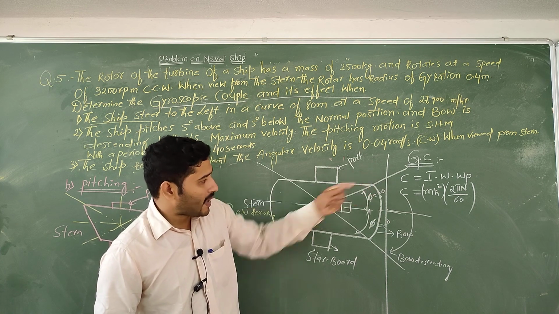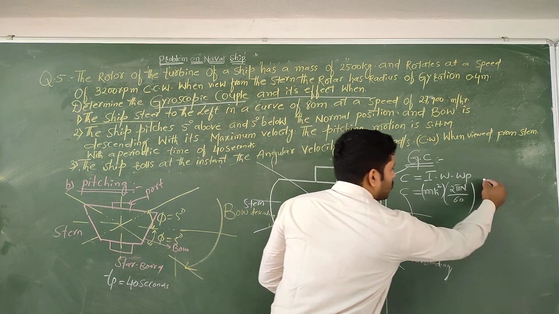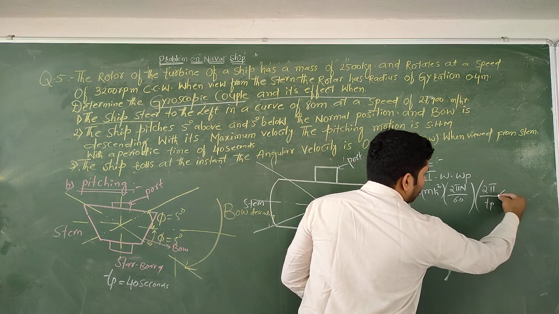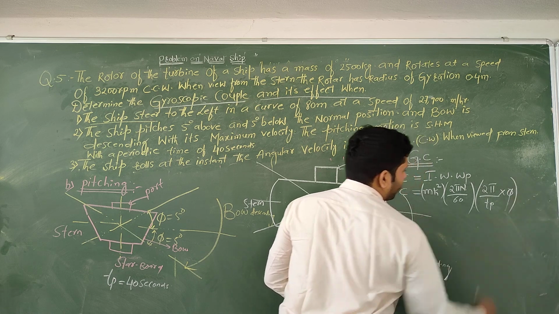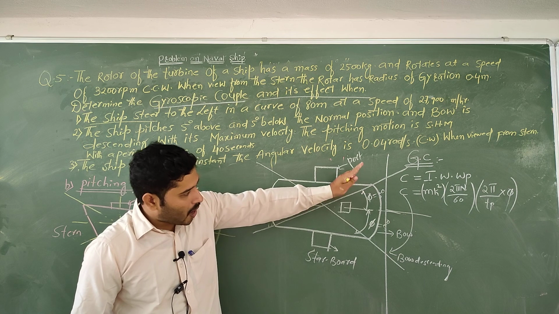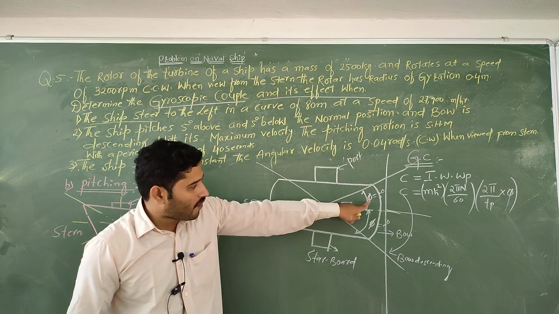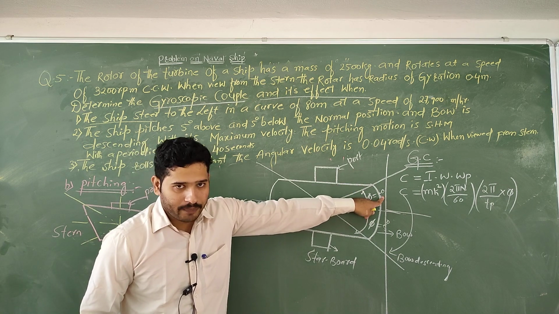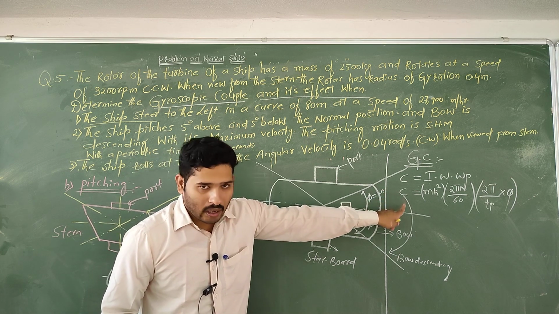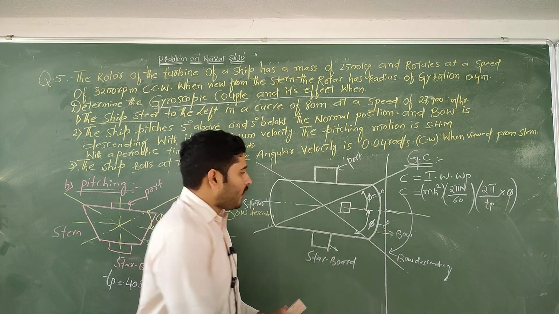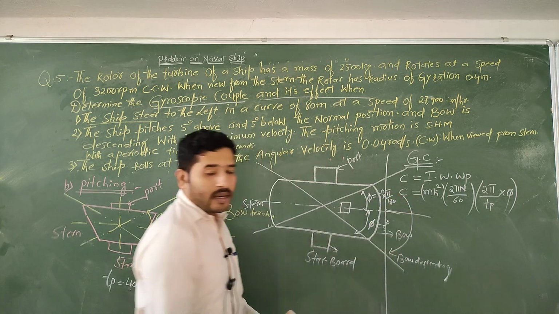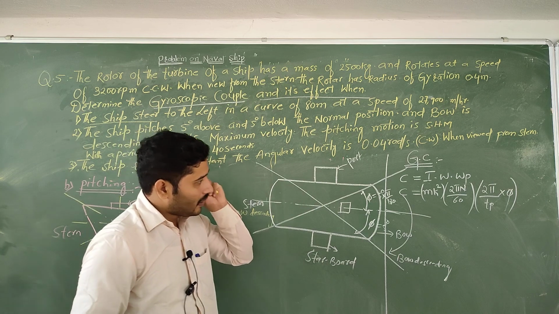So we can say as 2 pi by time period into phi. If the ship is moving above, they are making the angle phi equal to 5 degree. The 5 degree we need to convert in radian. If you want to convert in radian, multiply by pi by 180.